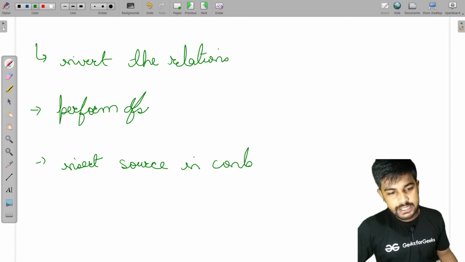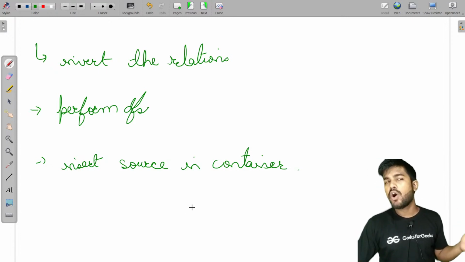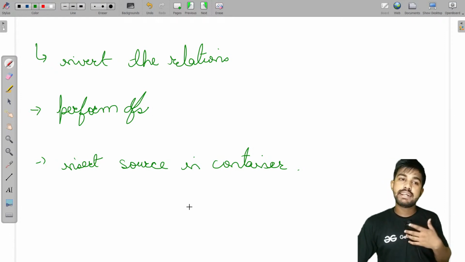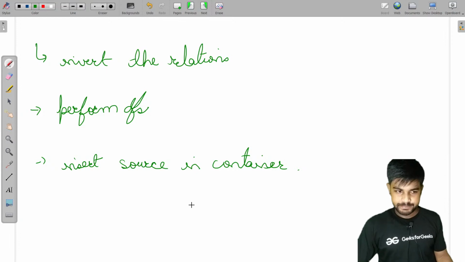I would be writing container. Why? Because it might be the case that you are entering in a vector or a string. In this case, we are inserting in a string, but most of the time we are inserting in a vector, so I'm generalizing it by saying container.